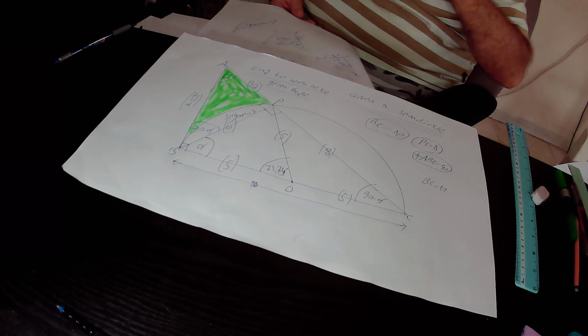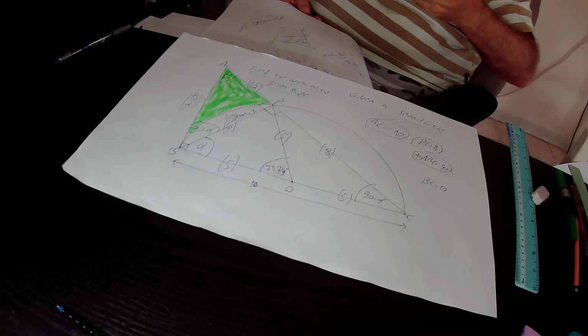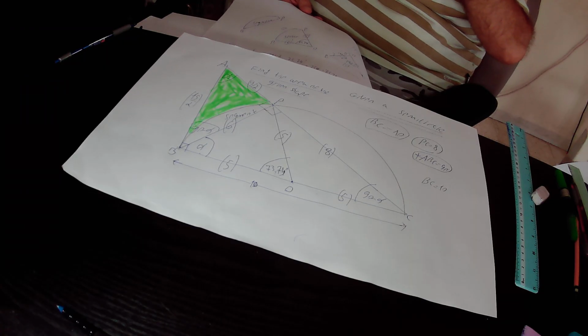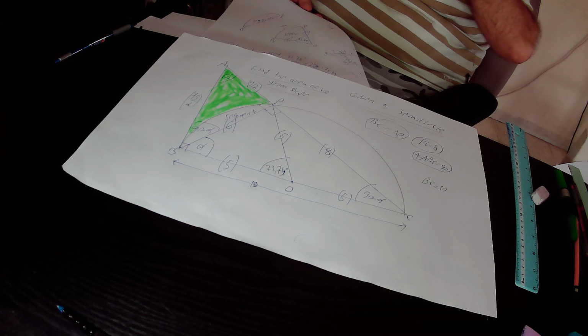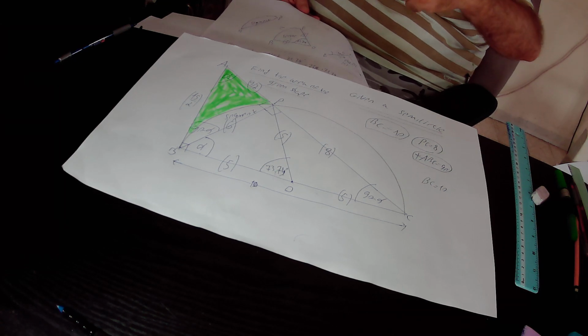So what is a sector? A sector is a portion of a circle with two radii and the arc between them.